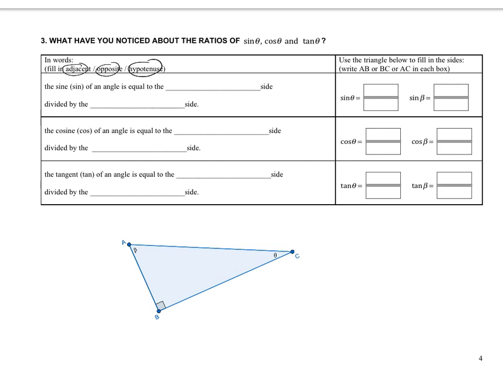So the sine of an angle is equal to the what side divided by the what side, and the cosine of an angle is equal to the what side divided by the what side, and then the tangent, tan, of an angle is equal to the what side divided by the what side. Then you just fill this in, and of course you use part 1 and part 2, those two tables before, to make that conclusion. I will show the answers to these in the next video.